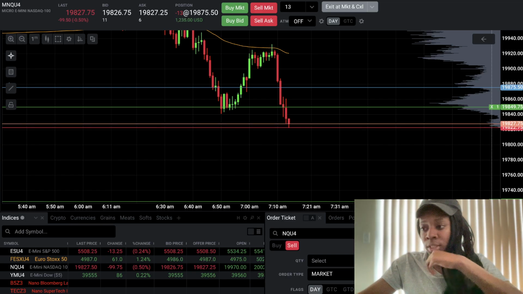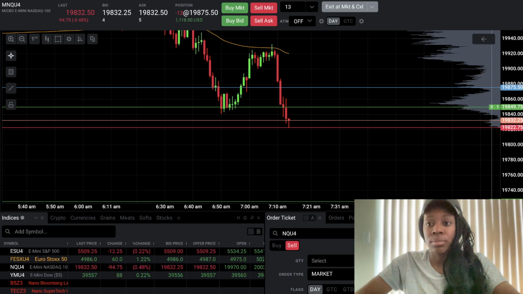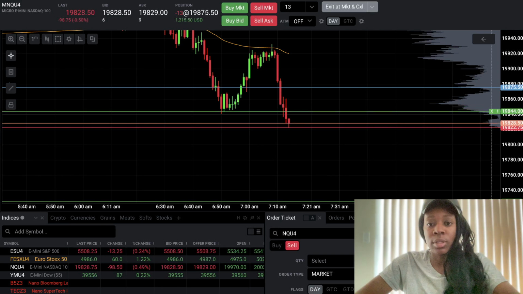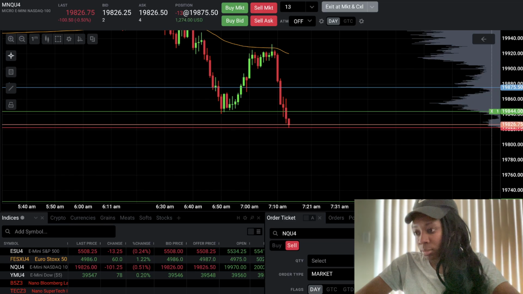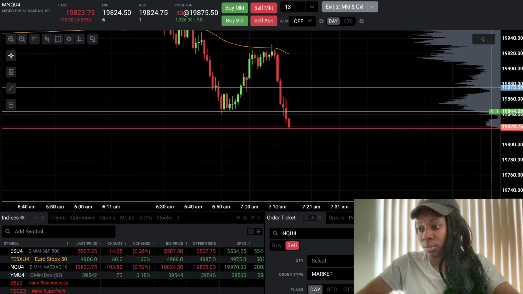And that's really the next level of liquidity that I see that perhaps the market could be drawn to at the moment. But as I already said, until we get a bearish close on this 3-minute candle here, I can't fully confirm, but it looks like we're about to, because we have 13 seconds left on this candle.